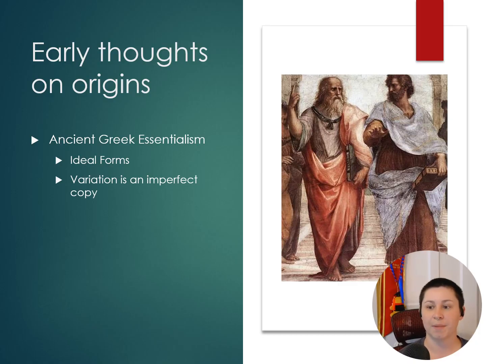So animals might vary, but they're just imperfect copies of that ideal form. And the ideal animal form still remained the same. Essentialism is permanent, unalterable, and eternal. So change doesn't occur. Variation isn't important. We're all just imperfect versions of these ideal forms.